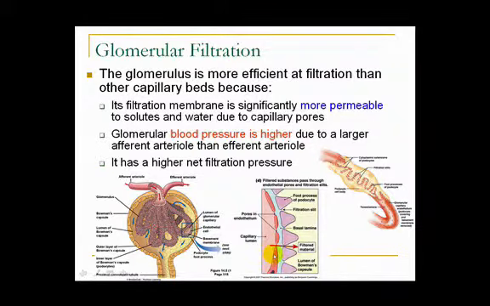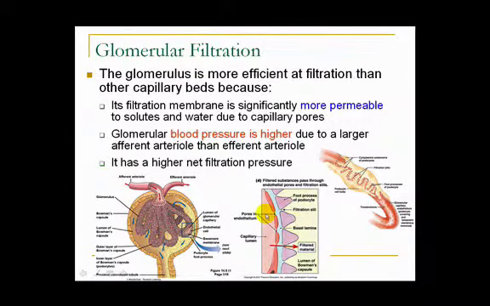And if you look at a closer picture, you see here are the simple squamous cells of the blood vessel, and then they have a little membrane here, the basement membrane, and then you see the little feet of the podocytes on this side, and over here is the lumen of the Bowman's capsule.